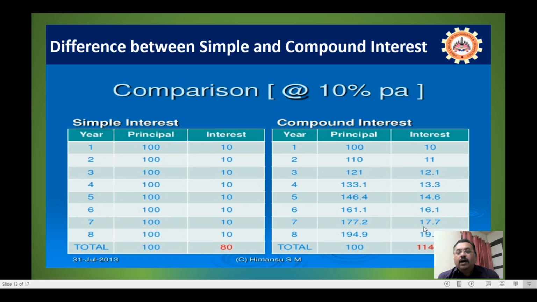Like this, if you add up till the end of the 8th year, the total amount of interest that you have earned will be 114.5 as against 80 rupees in simple interest. So the earning will be more in compound interest when compared to simple interest, right?